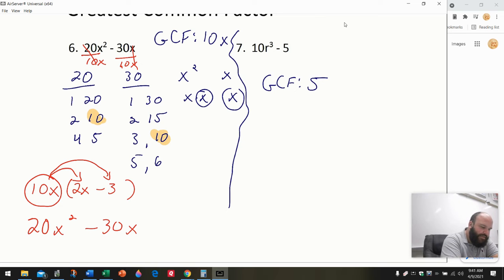And what you can see is it matches perfectly with what we started with, 20x squared minus 30x. So let me erase a tiny bit. We'll get rid of these arrows here because we've already distributed. This is our factored answer. We factored out the GCF 10x and we were left with 2x minus 3.